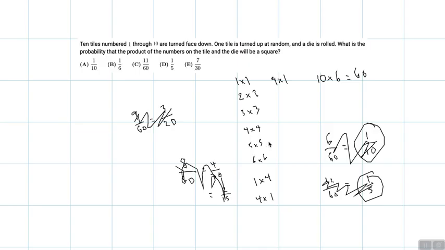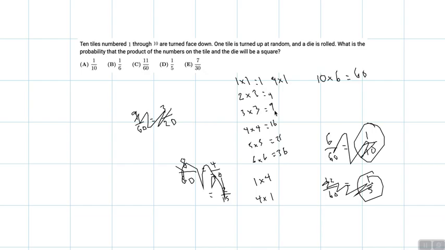Oh, shoot. Well, yeah, I'm totally not factoring in, yeah, 36, just the ways in which you can get these numbers. So we could have 4 times 1.